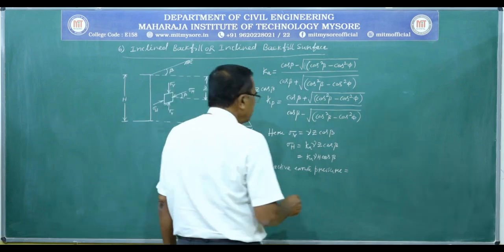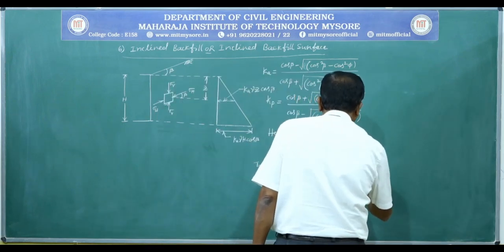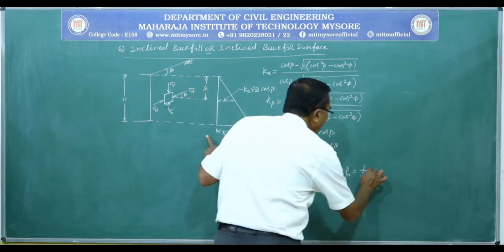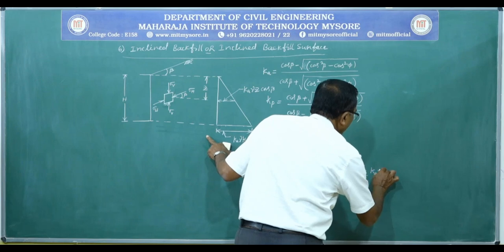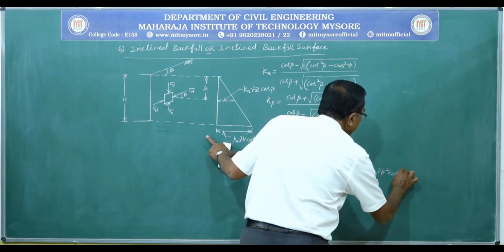So the total active earth pressure Pa is the area of the pressure distribution diagram, half into Ka gamma into H square into cos beta.